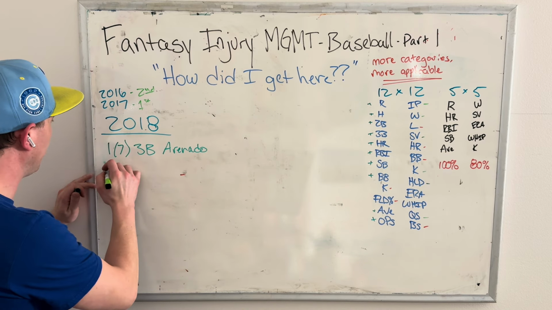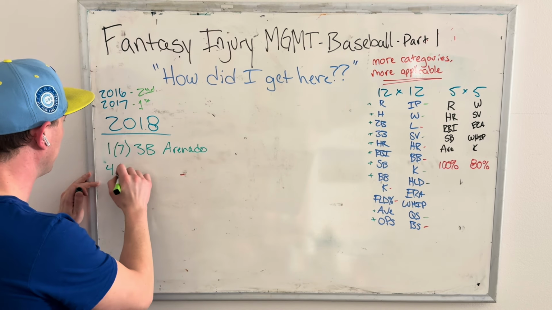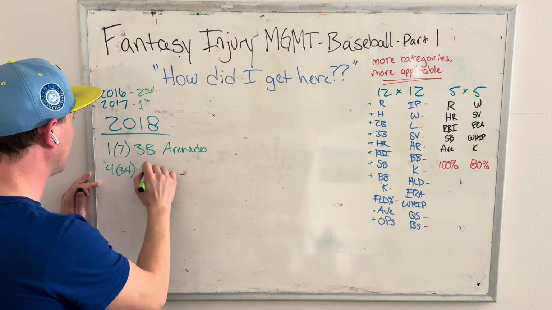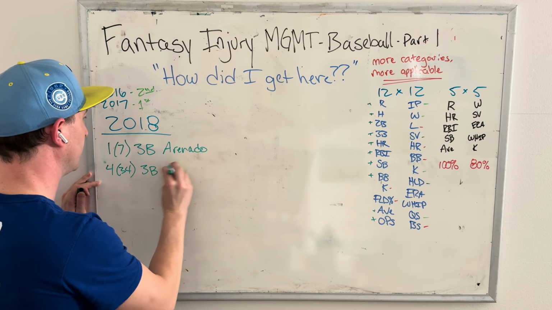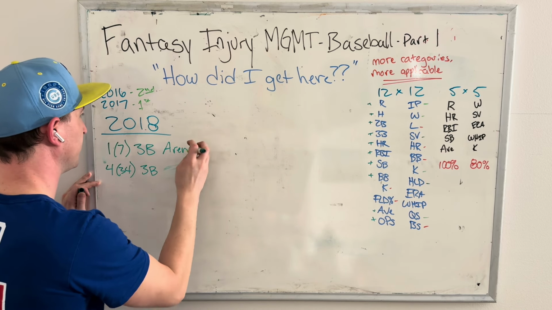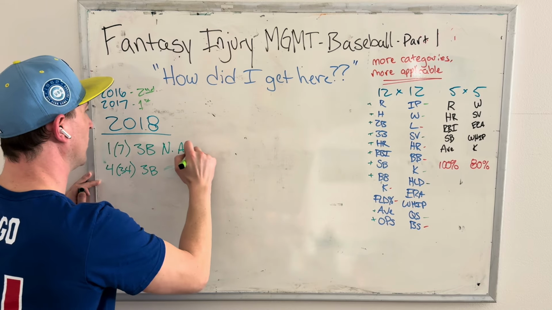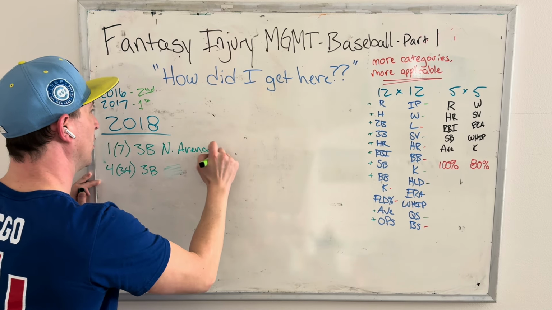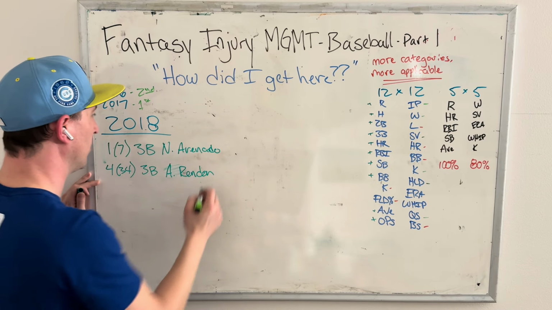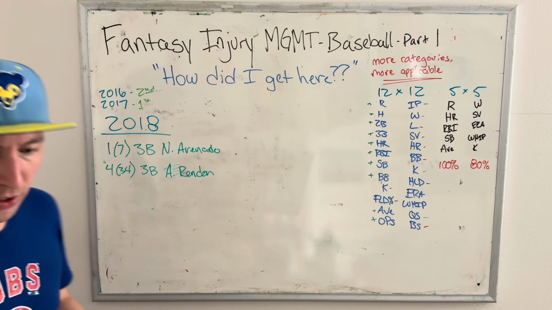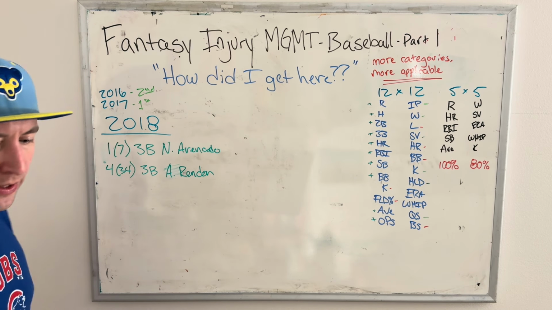So in round 4, pick 34, I take third baseman Anthony Rendon. Okay. So now I have 2 third basemen, right?